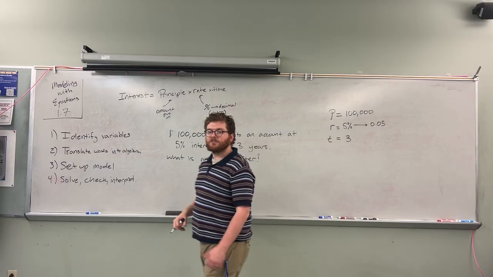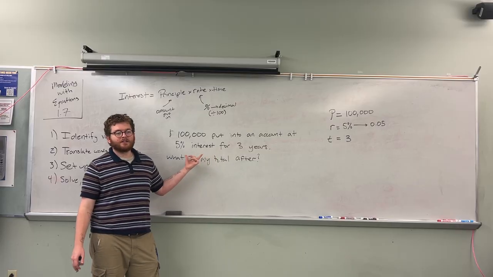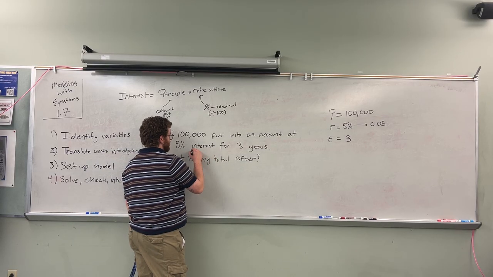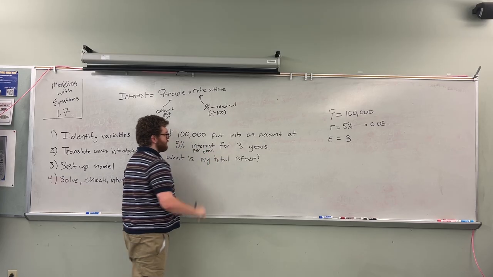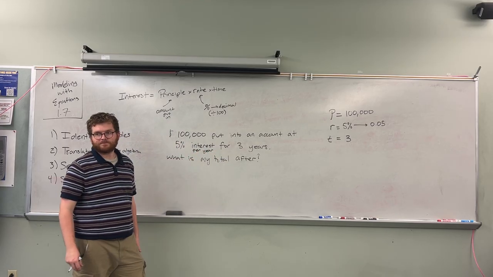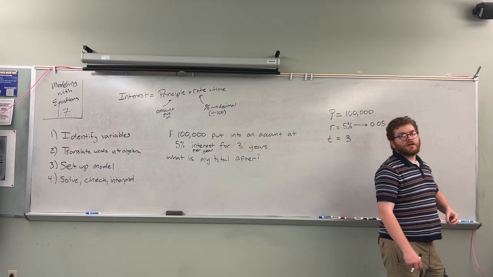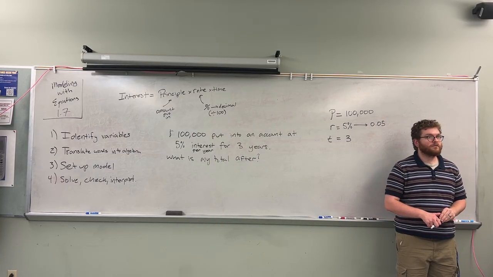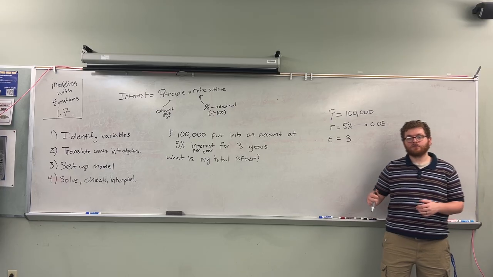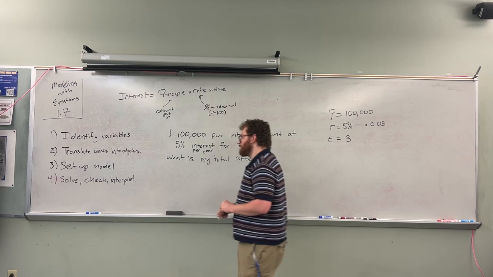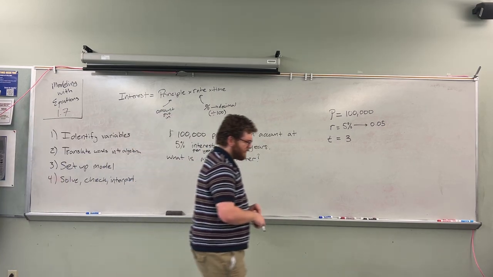Typically when we discuss rates, they are in terms of the year. I should have written it: 5% interest per year. There we go. So now my rate is in terms of that. I could have said that it's compounding monthly, and then you'd have to do some different formulas for that, which we might get to in this class, but I'm not entirely sure.